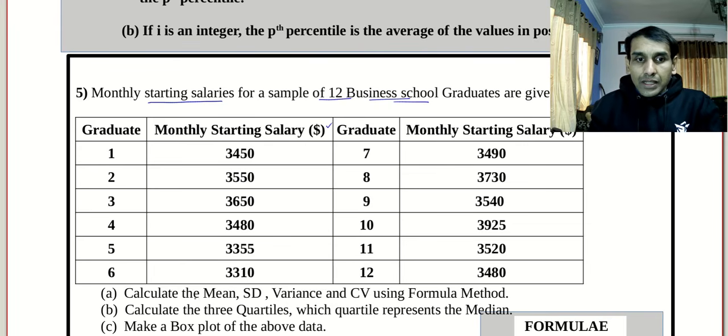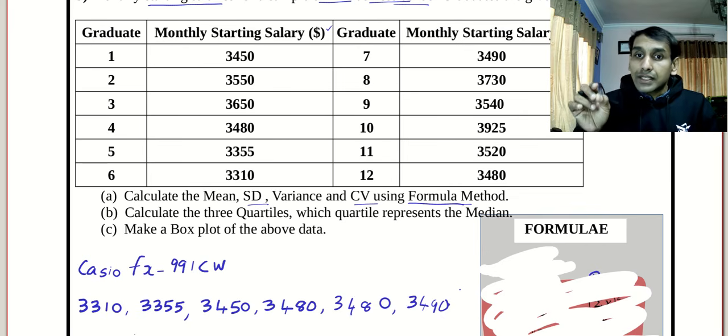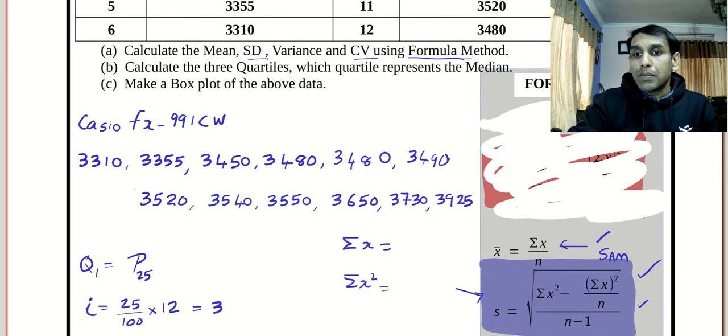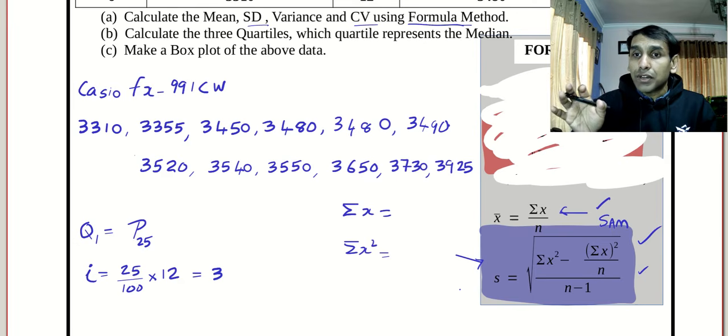Okay, and they are asking you to calculate the standard deviation and variance using formula method. Now be aware, in the last class itself I told you, whenever they use the word formula method, you will not be able to write the direct answer from the calculator. It's a trap. If you don't know the formula, wait.